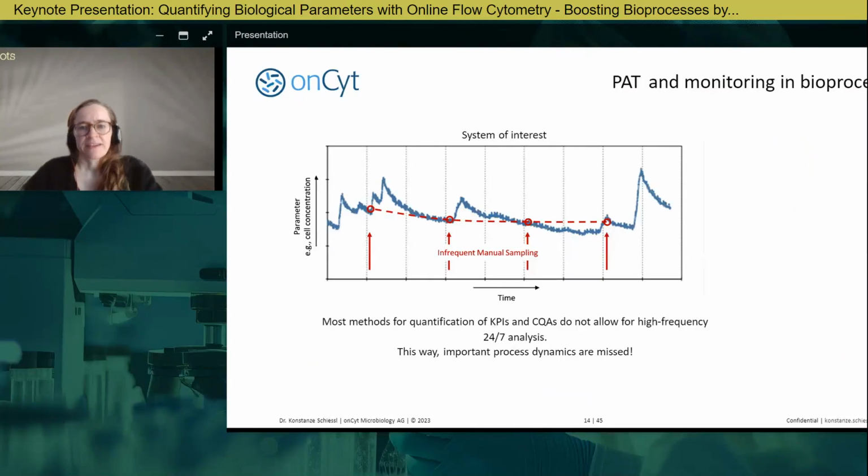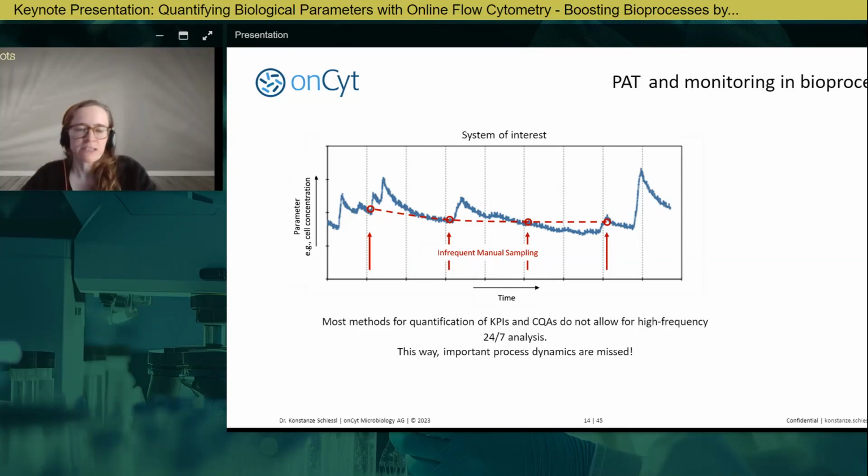Okay, so in summary, let's think of it in a schematic, right? You see here data over time, so it can be just some type of bioprocess. Think, for example, this data could be cell concentration. And if you have an offline method, you take maybe 4 measurements over time, but the bioprocess is not stable.